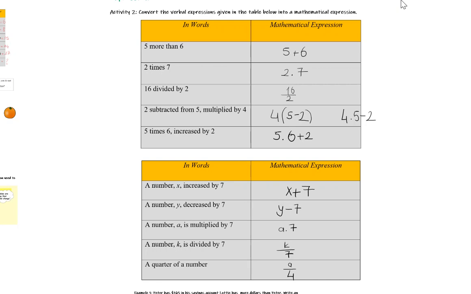If it is only containing numbers like in the first table, we call it numerical expressions. Let's write it. These are numerical expressions. If it is including at least one variable with numbers in it, we call it algebraic expressions. These are algebraic expressions.